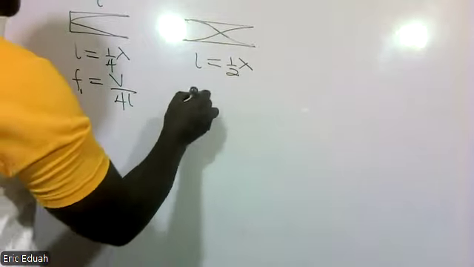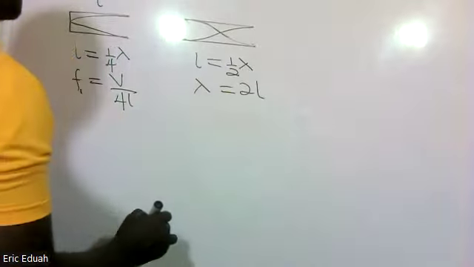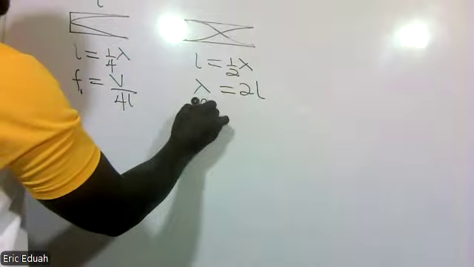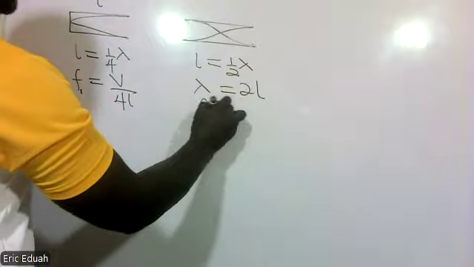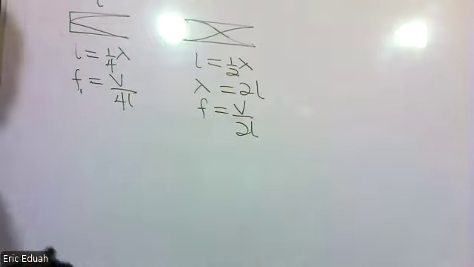Therefore, lambda will be equal to 2L, for F to be equal to V over 2L.